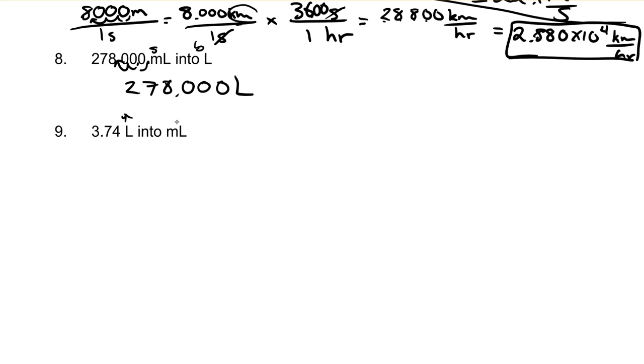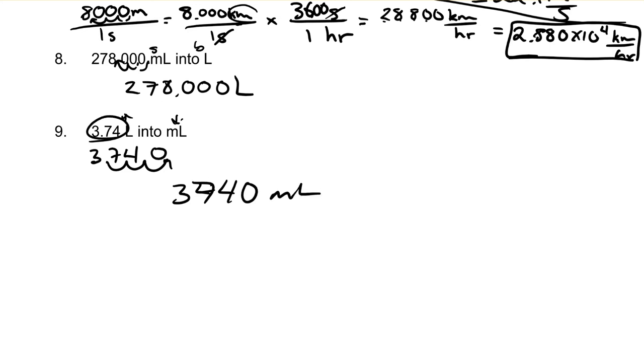We're going from a big unit to a small unit. So the numbers got to get bigger. So we're going to move our decimal 3.74. We're going to move it 1, 2, 3. So that's 3,740 milliliters, but there's only 3 significant digits, so we gotta turn that into 3.74 times 10 to the 3 milliliters.